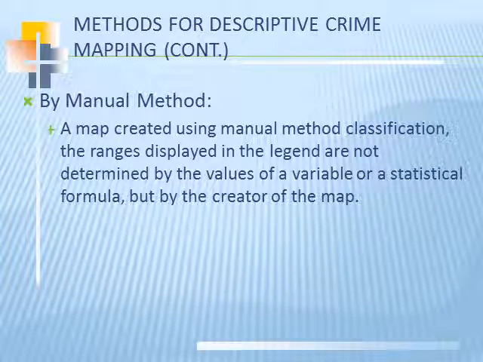In the manual method, the creator of the map, which is also called a custom map, determines the legend. Crime analysts often use custom classifications to compare the same type of data over time, such as analyzing robbery by area each month.